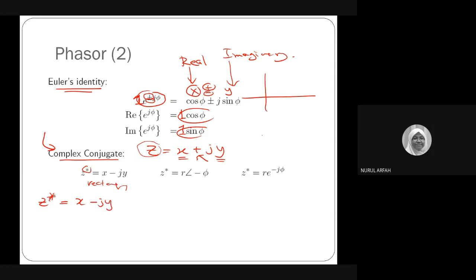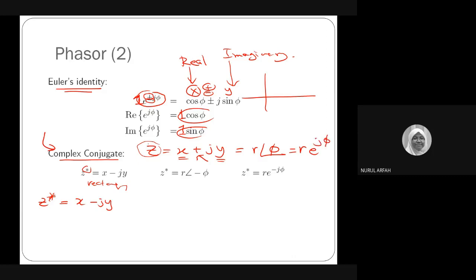In polar form it is r angle theta, and in exponential form it is r e^(j theta).